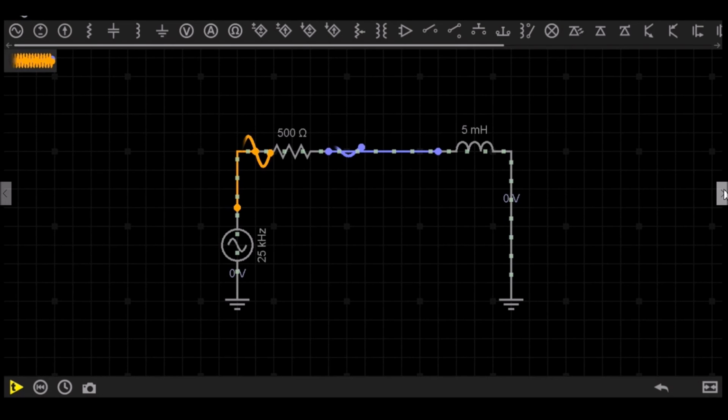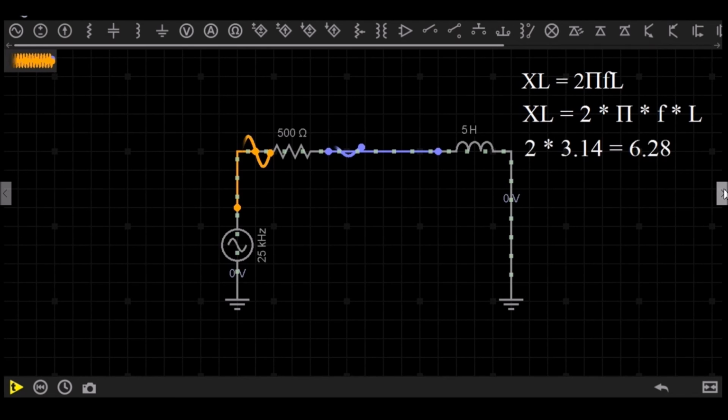The equation we use to calculate inductor reactance is XL equals 2 pi FL. Inductor reactance equals 2 multiplied by pi multiplied by the frequency multiplied by the value of the inductor.